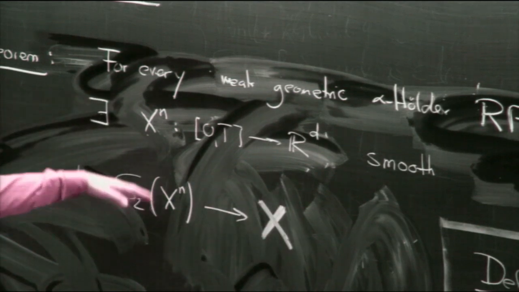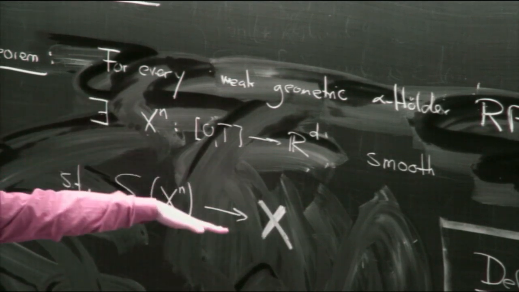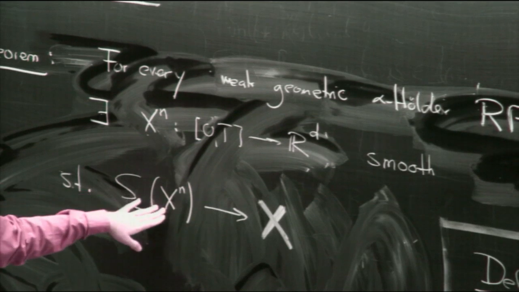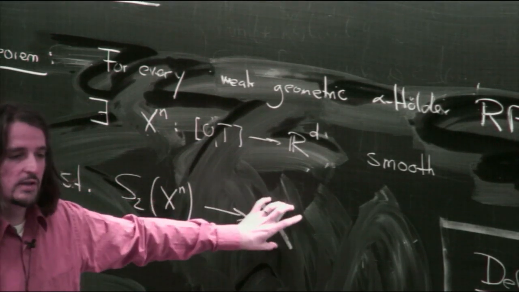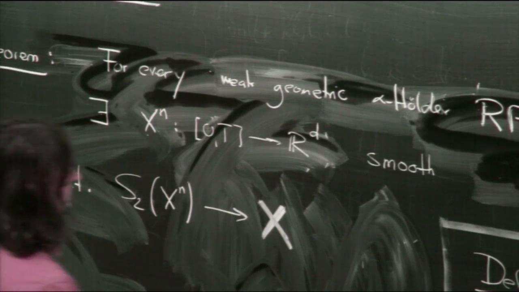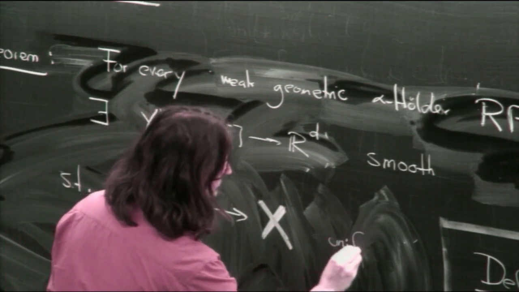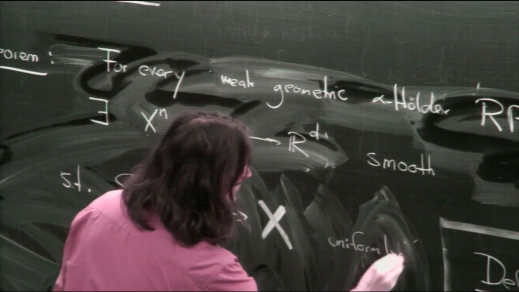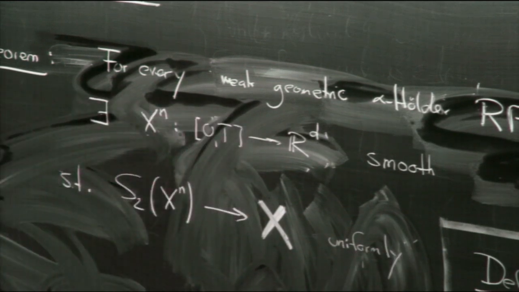That means you have convergence of your path and you have convergence of the iterated integrals to this sort of postulated second order information of your rough path. And this you want to happen uniformly, but that's not enough. You also want the uniform alpha-Holder bounds.